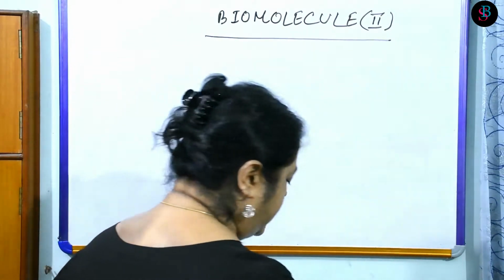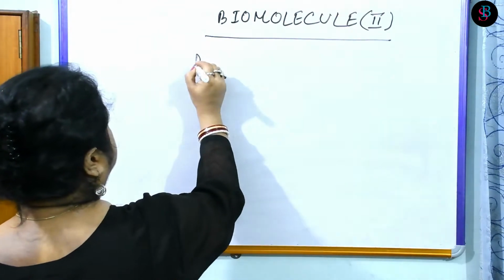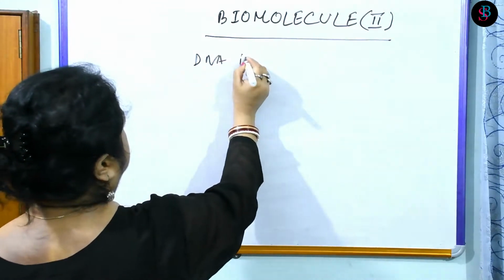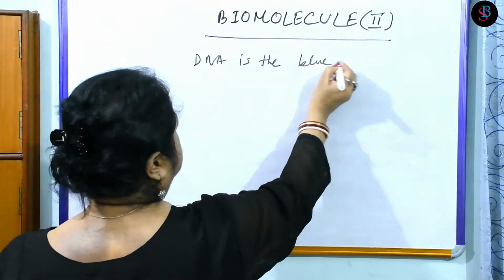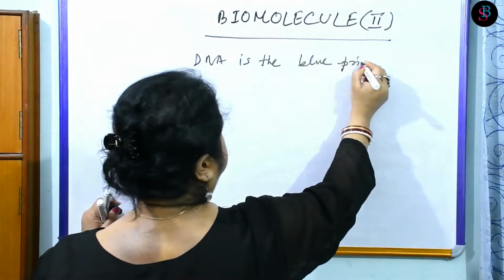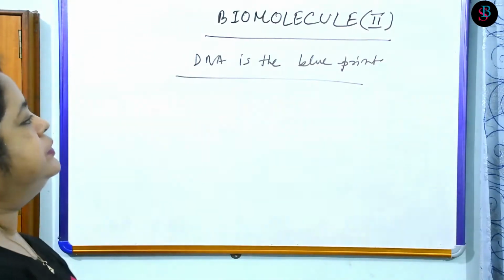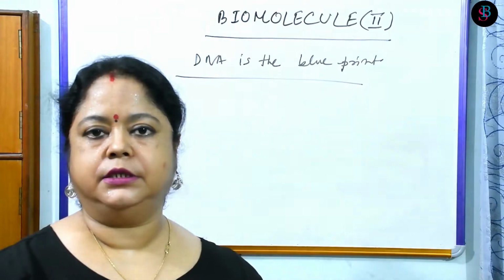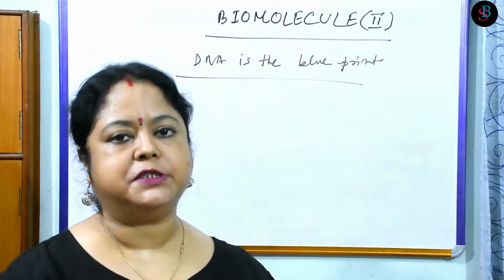So DNA is the blueprint of the body. Now DNA is present in all the cells. In each and every cell, in our body cells, in our germ cells, everywhere DNA is present.